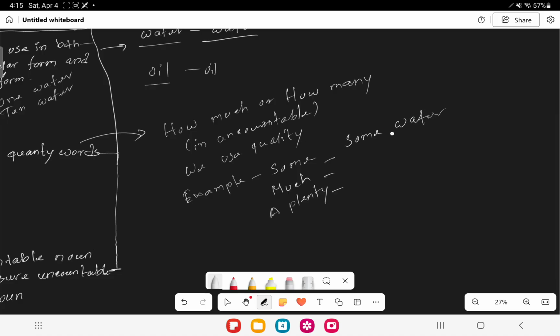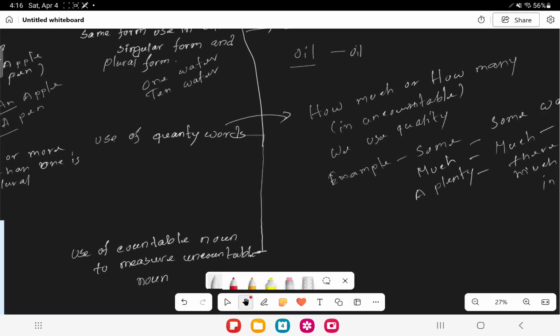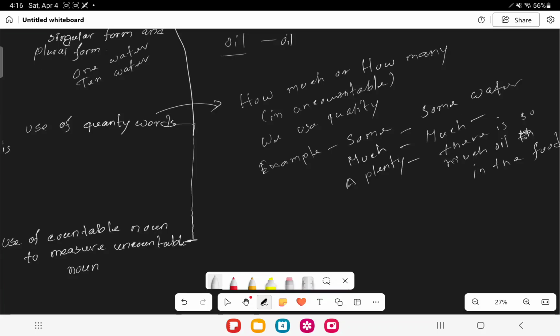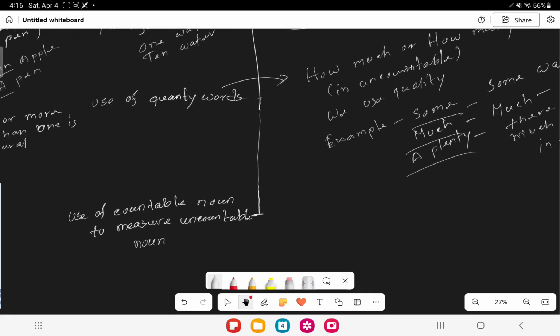Much: there is so much oil in the food. So in uncountable nouns we put quantity words like some, much, plenty.